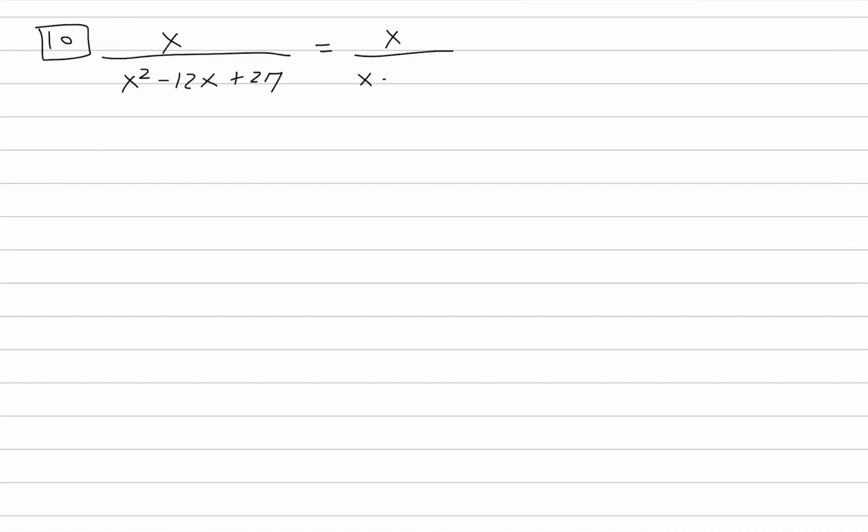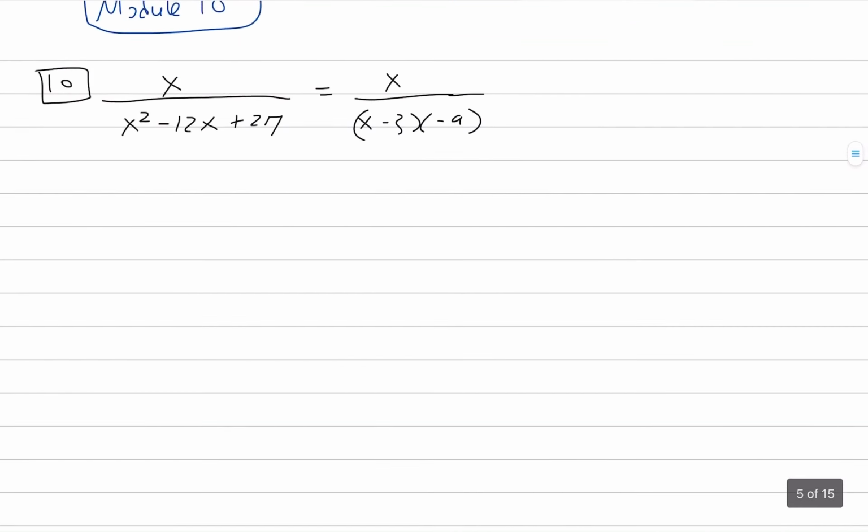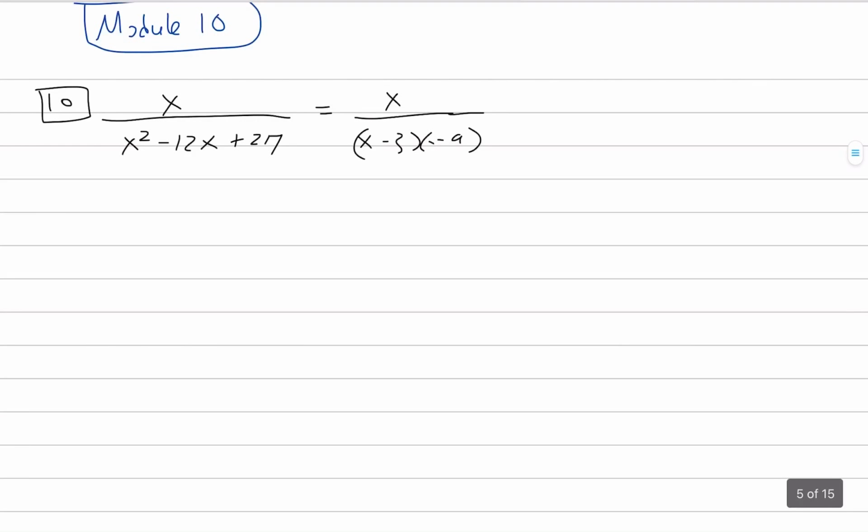It'll be x minus 3, x minus 9. So we know that x over (x minus 3)(x minus 9) equals a over x minus 3 plus b over x minus 9.